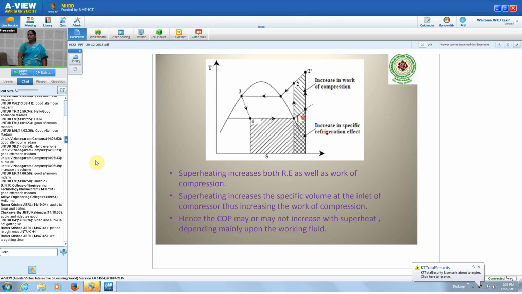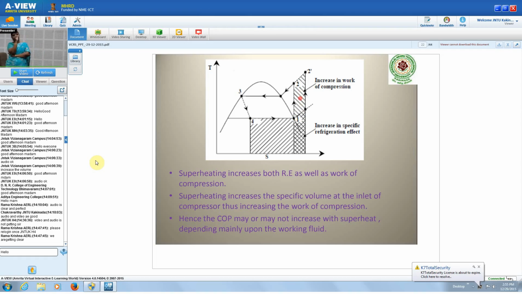Then what about the denominator? The denominator is also increased, because here the complete superheated state is there in further compression, from 1 dash to 2 dash. The increase in the work input is nothing but the area 1, 2 dash, 2, 1. That area represents the increase in the work input.